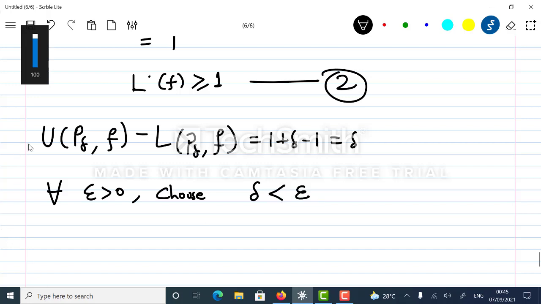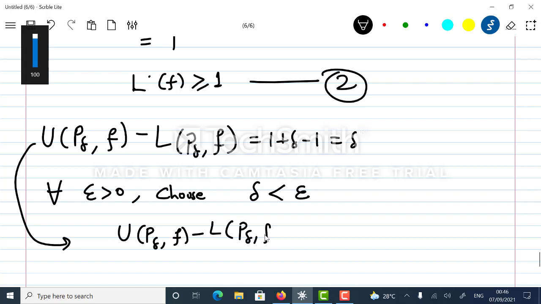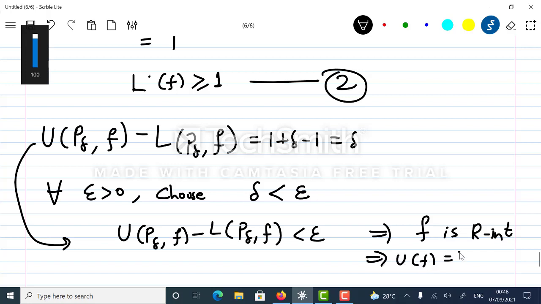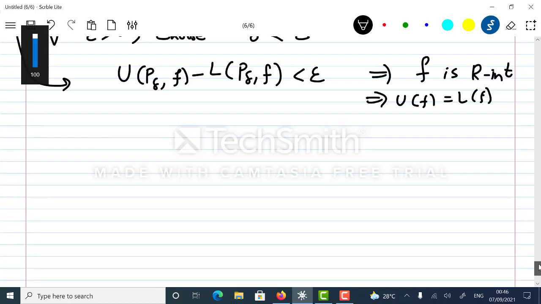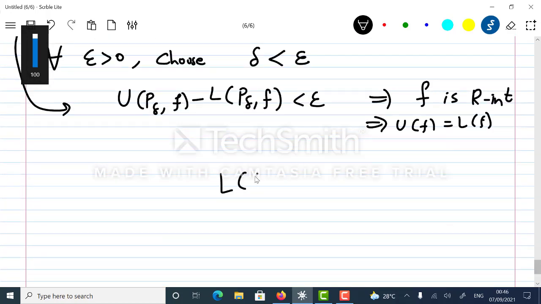So this would imply UP delta F minus LP delta F is less than epsilon, which implies that F is R integrable by Riemann criteria. This would imply UF is equal to LF. But if you check 1 and 2, I should say LF is equal to UF.